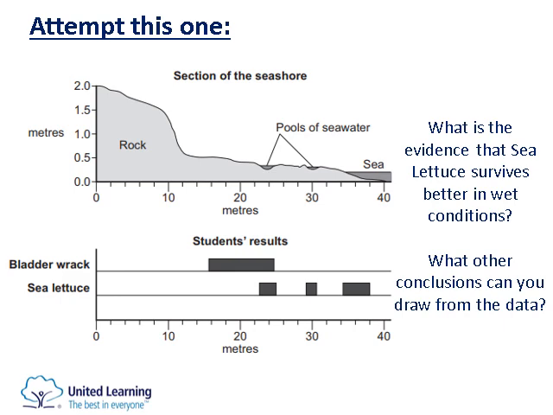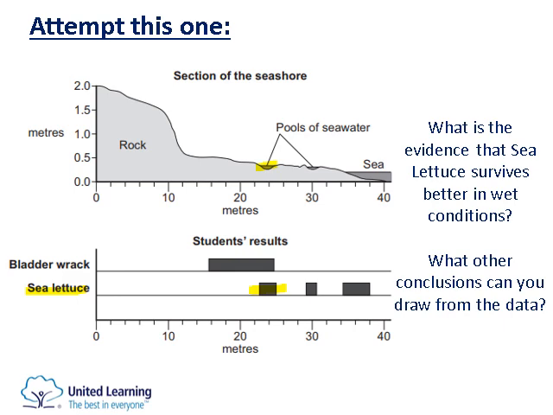So sea lettuce, you can see, is the line at the bottom, and I'm looking for it surviving in wet conditions. Both of these graphs are linked, so if I look at this bar for sea lettuce, this shows me that it's a shaded area, so there is sea lettuce existing 22 metres from the shore, for example. If I go up and I look at my cross section, 22 metres from the shore, what do I have?